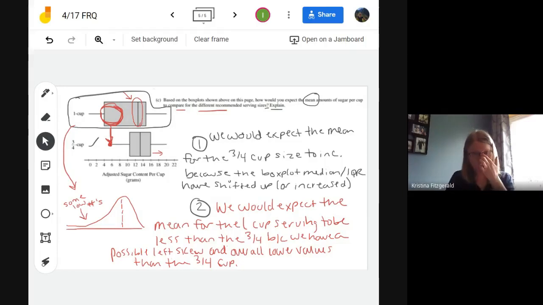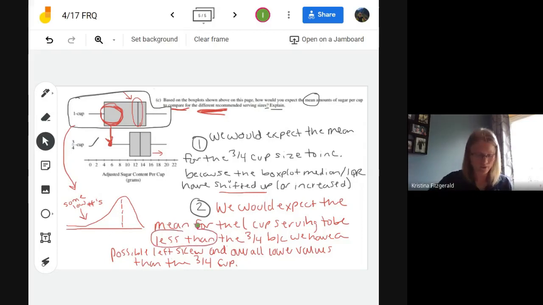So something like that. Breaking down that question, there are two parts. You have to explain and compare the difference in the sizes, and include some sort of reasonable explanation. So you're telling me what change should happen. Like, this one would shift up, that mean is obviously going to get bigger because you shifted the data up, but it's still going to be less than the 1 cup.